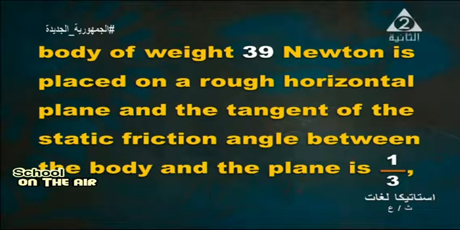Look at, my dear student, if we have a body of weight 39 Newton placed on a rough horizontal plane, the tangent of the static friction angle between the body and the plane is a third. Don't forget, the tangent of the static friction angle between the body and the plane is a third.